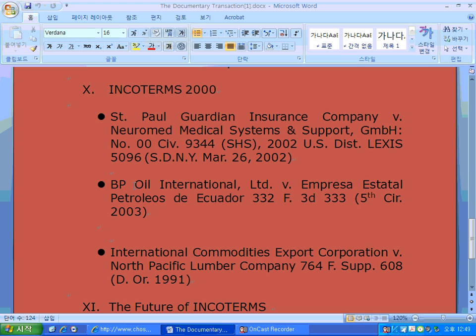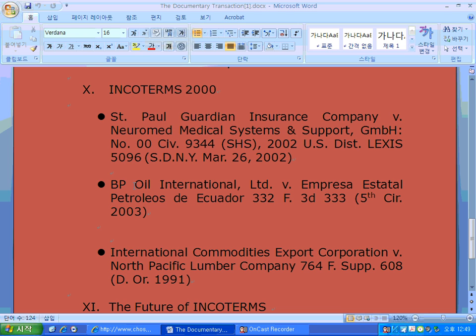So the plaintiffs may rely on this argument, but it will be seen as less persuasive in the position of a court.